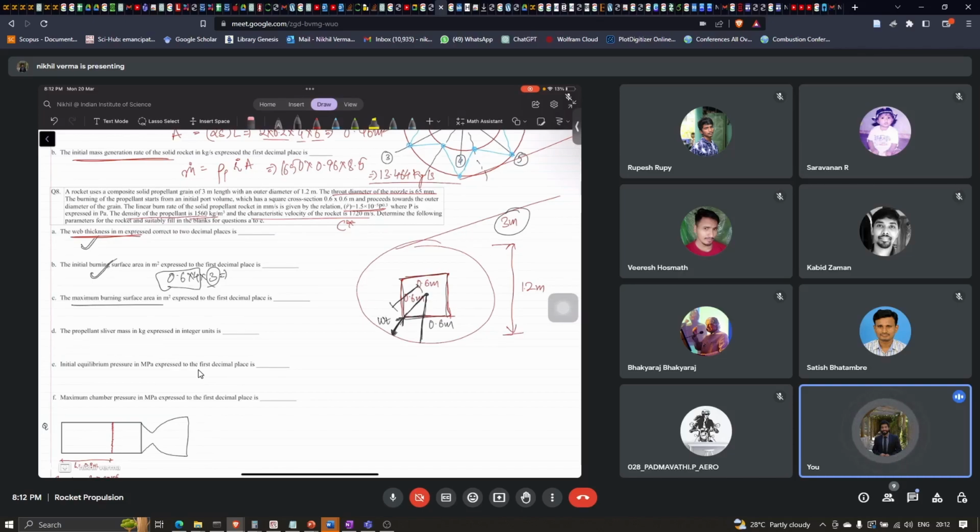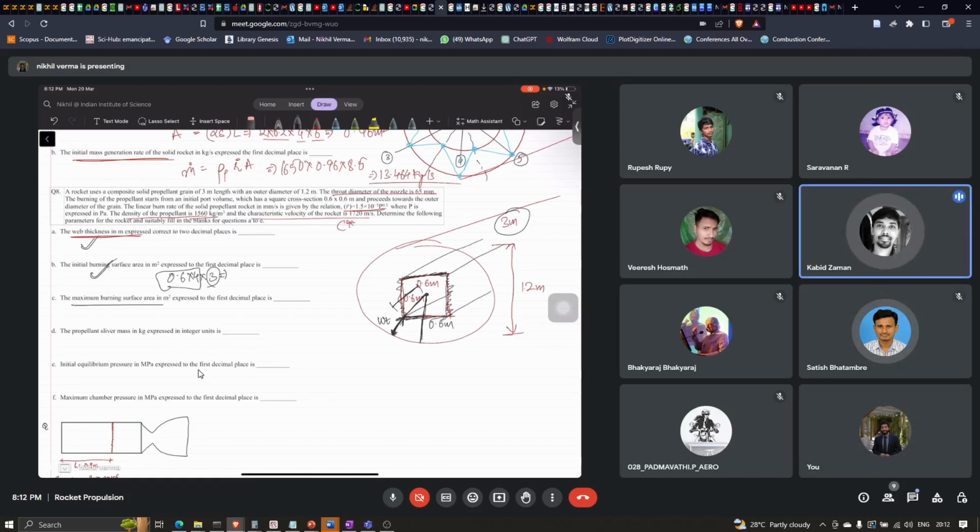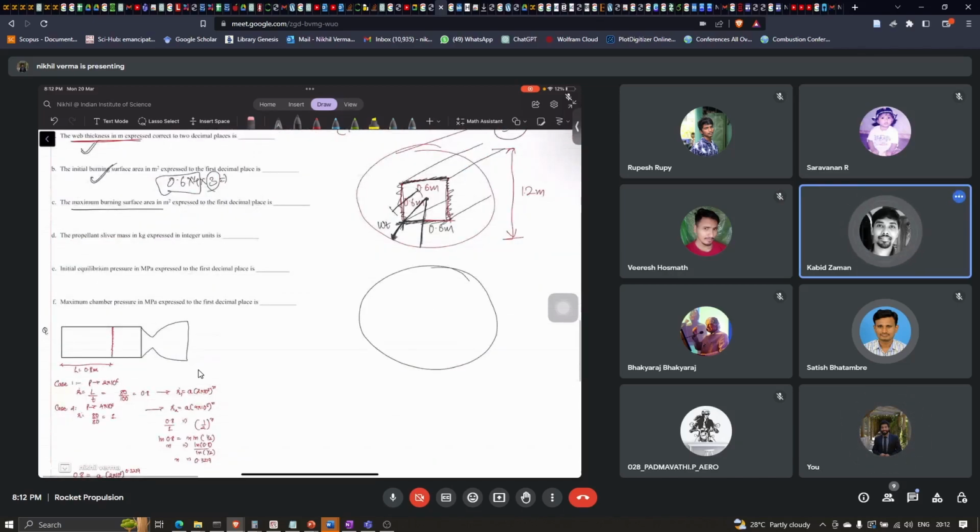Initial surface area, it is asked. The maximum burning will occur when the vertices have reached the outer diameter.